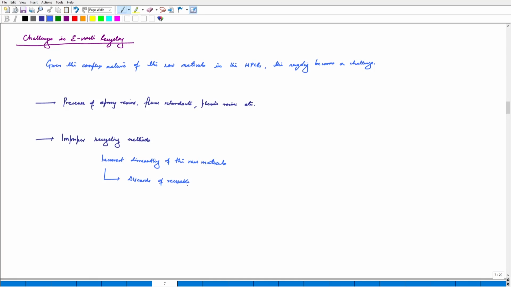And what do we mean by reusable? These are potentially reusable components which we could have used, but because incorrect dismantling is done, we have to basically see that these are actually discarded.